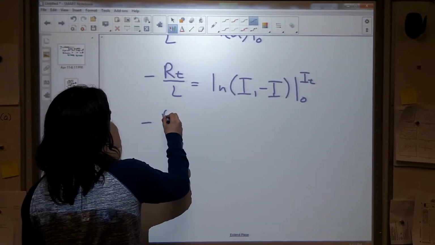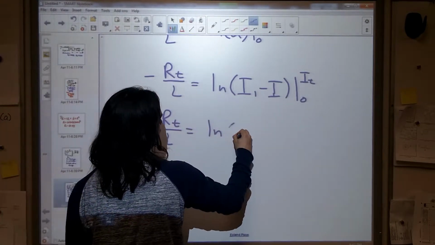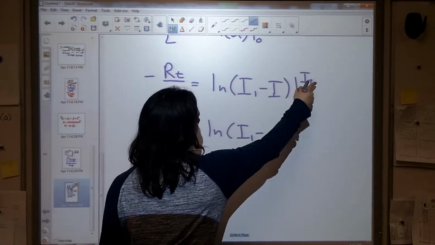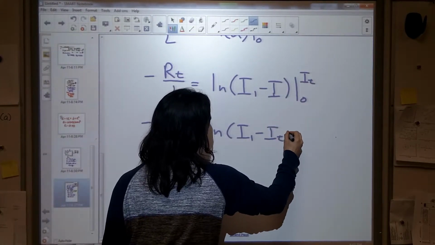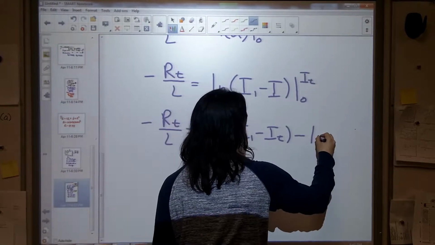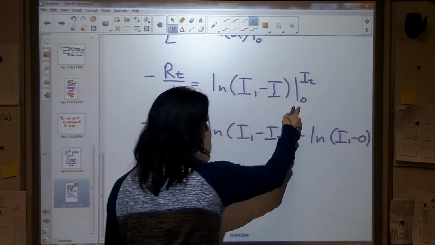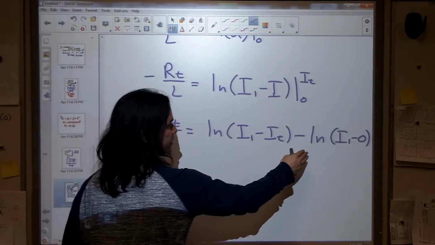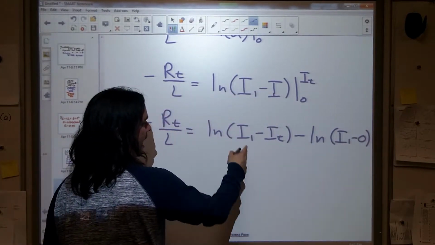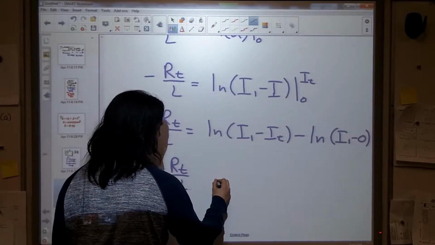All right. Negative Rt over L equals natural log of final current minus I t, the current at some time t. This is where I'm plugging in the limits of integration, minus the natural log of the final current minus 0, my lower limit. This minus 0 basically goes away, and I can use the rules of natural logs to clean this up a little bit.